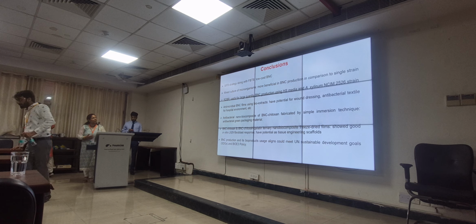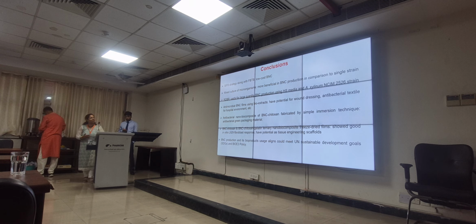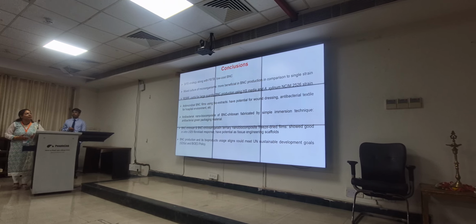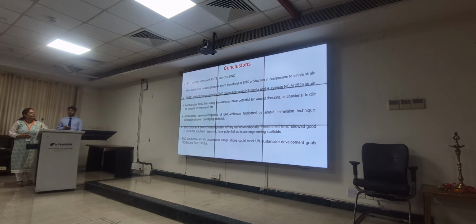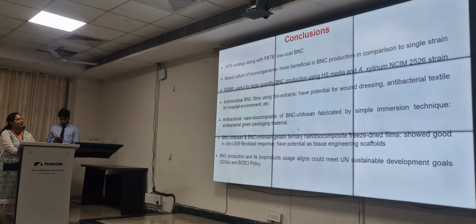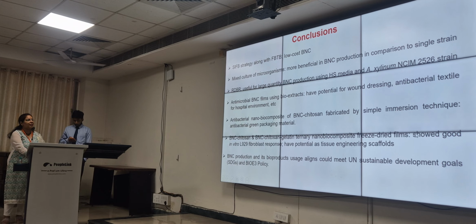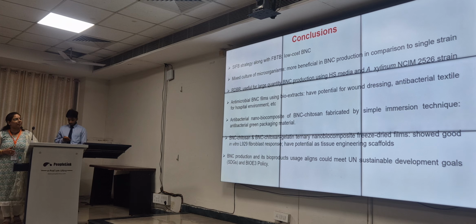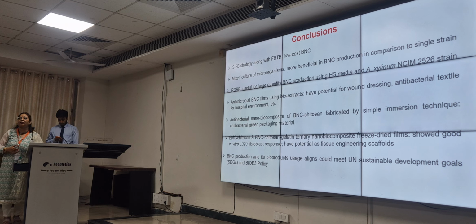Antimicrobial bacterial nanocellulose films using bioextracts have the potential to be used as wound dressing or antibacterial textile for hospital environments. Next, this bacterial nanocellulose chitosan composite freeze-dried film shows potential in vitro L929 fibroblast response and can be used for tissue engineering application.